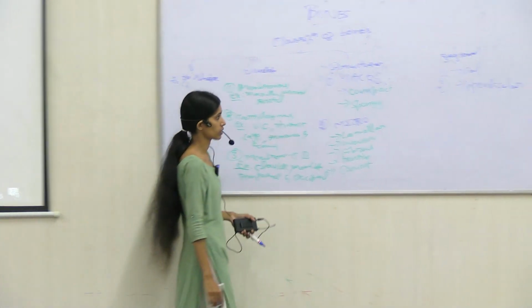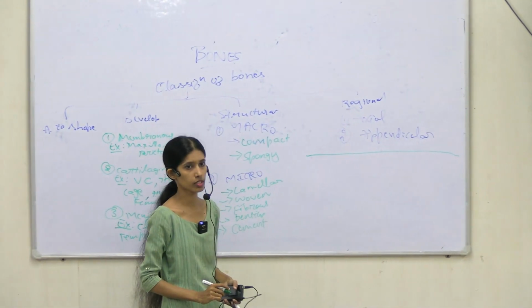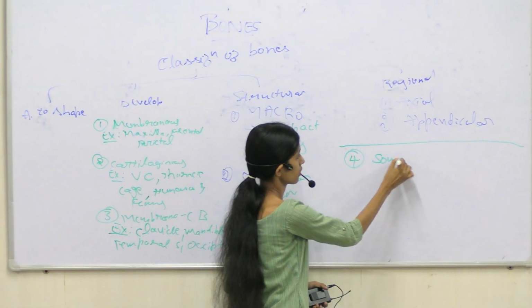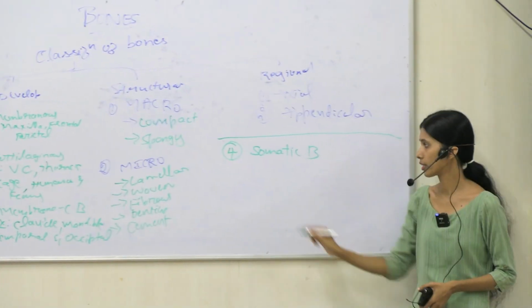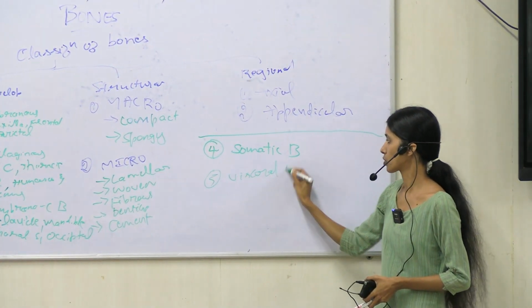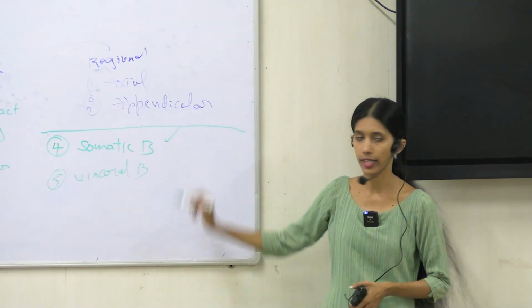There is one more classification that is named somatic bones and visceral bones. The fourth one is somatic bones, okay, and the other one is visceral bones. Most of the bones present in our body are somatic bones.